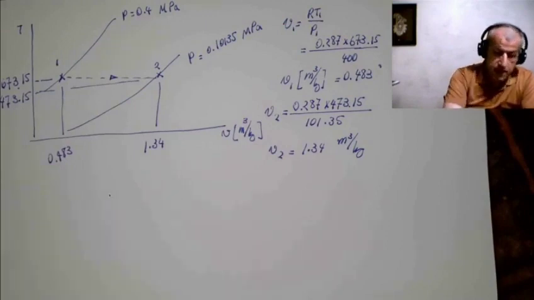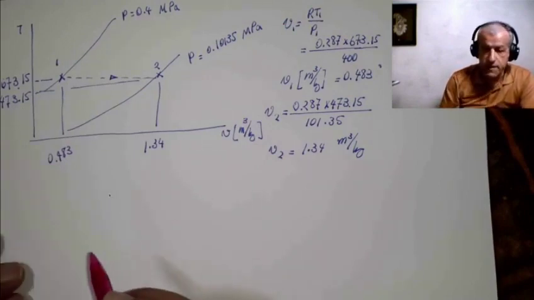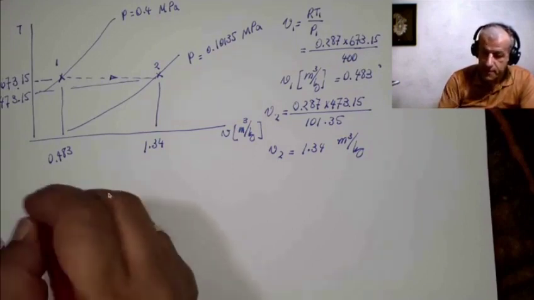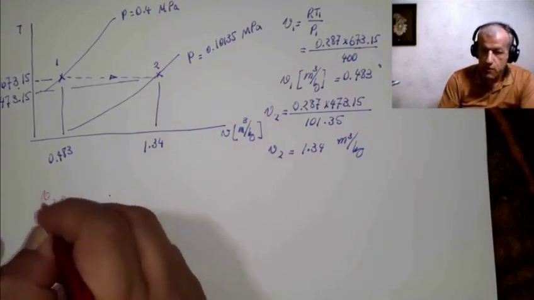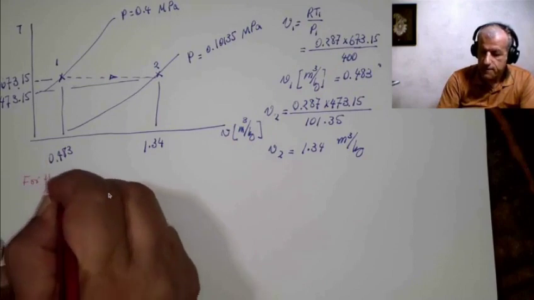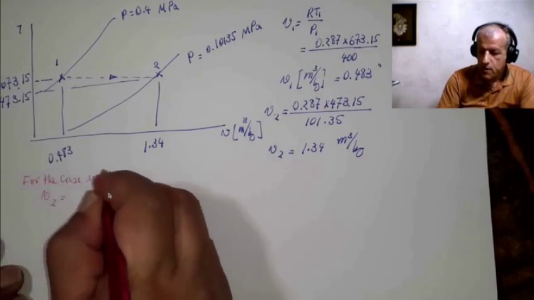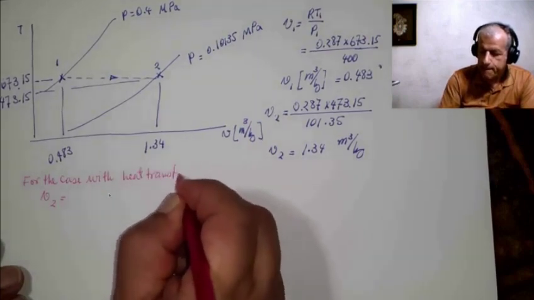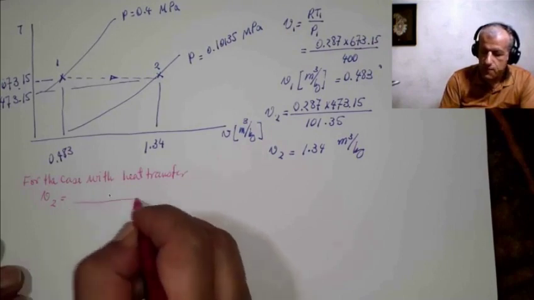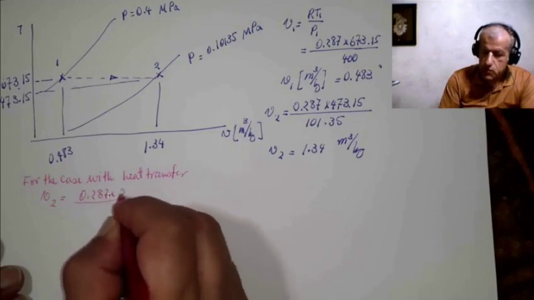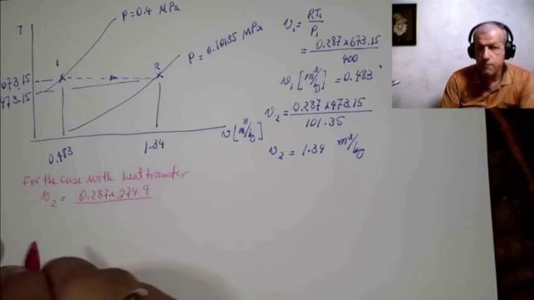But we had another condition where we had also heat transfer. If that had happened, V2 for the case with heat transfer would equal 0.287 times 274.9.